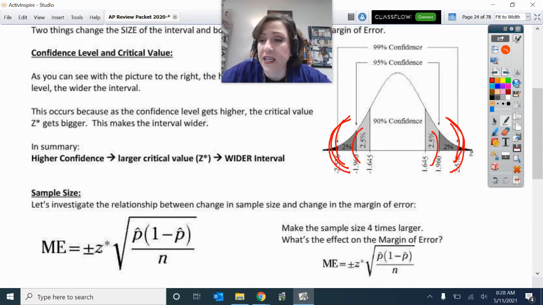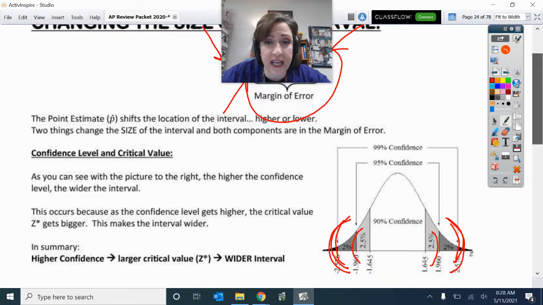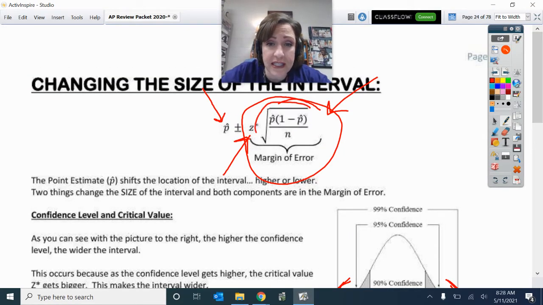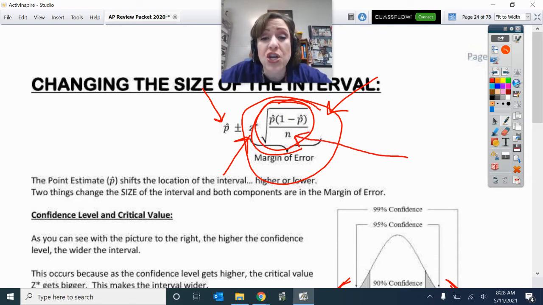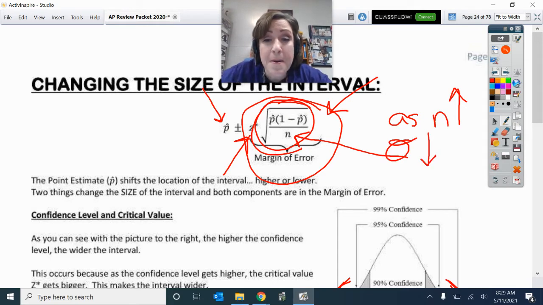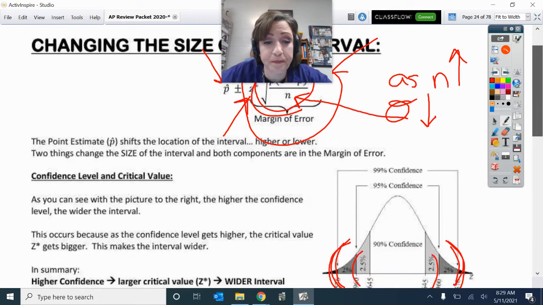And then, of course, your standard deviation. And what comes into play when affecting a standard deviation? Your sample size, of course. So as we know as n goes up, as the sample size gets bigger, your standard deviation is getting smaller because you're dividing by a bigger number.